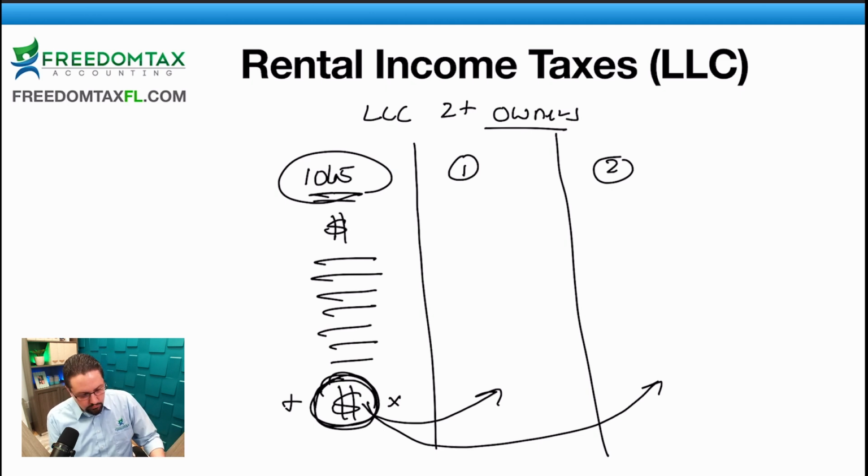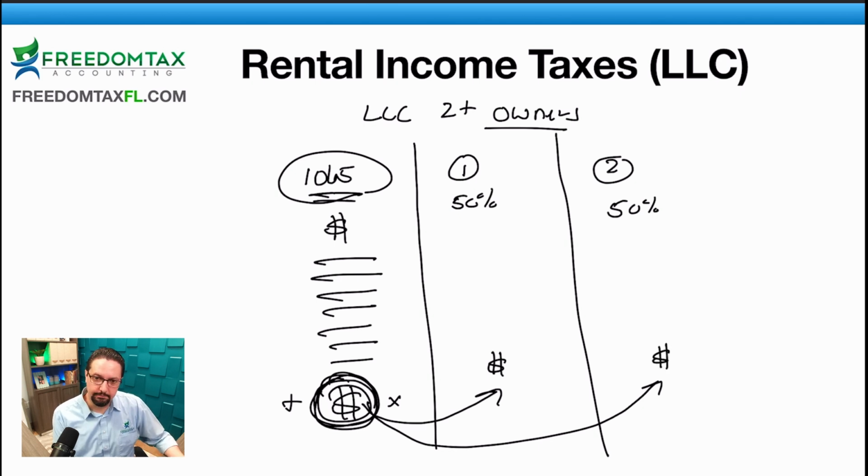So if owner number one is a 50% owner and owner number two is a 50% owner, then this net profit is 50% over here and 50% over here. It doesn't have to be 50-50. It can be 70% and 30%, any percentage that you want.